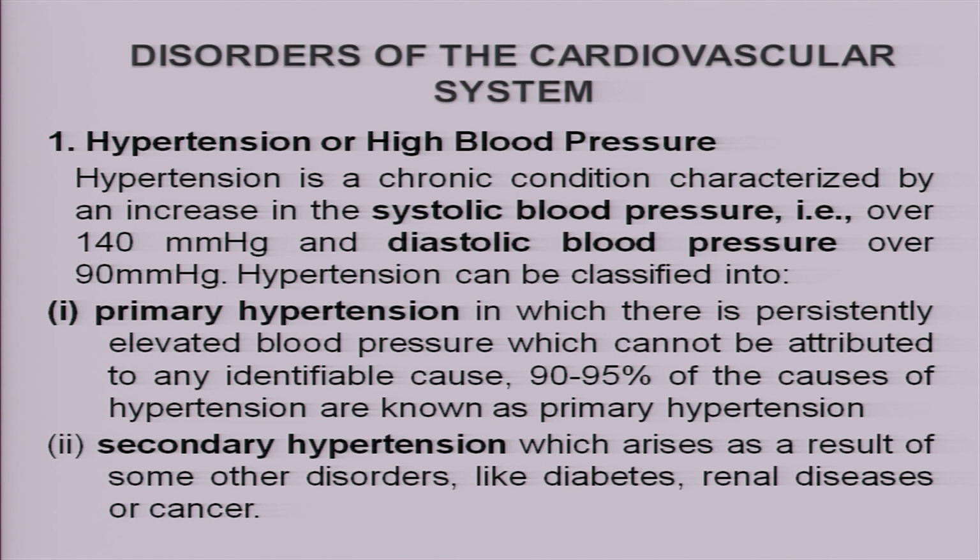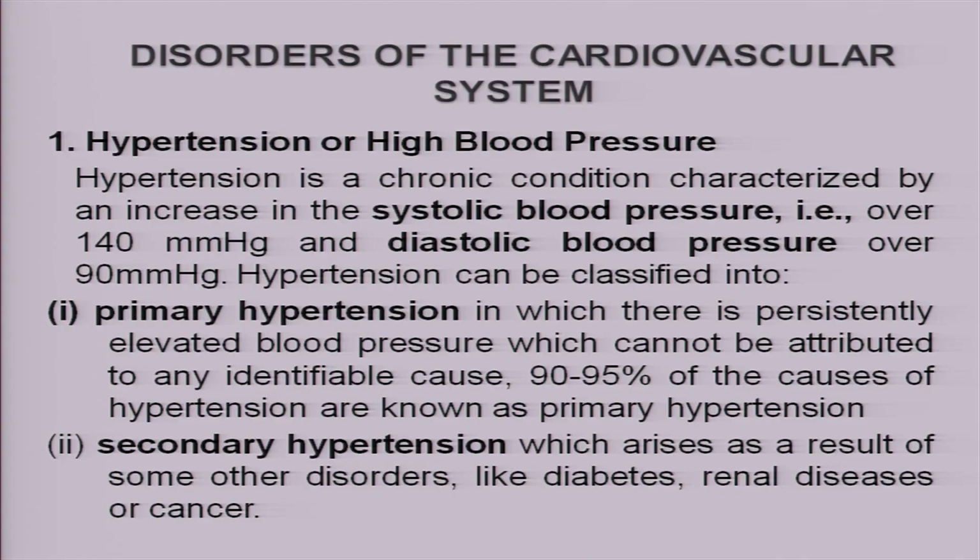But when the systolic pressure goes beyond 140 and the diastolic pressure goes beyond 90 millimeters of mercury, then we say that the person is suffering from hypertension. And it can be classified into two main categories, that is primary or secondary hypertension.